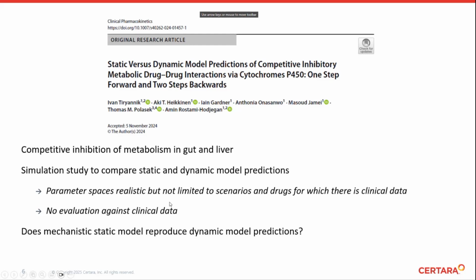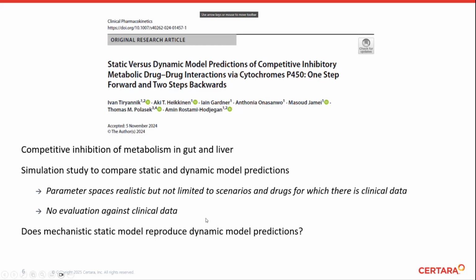With this, we are not bound to scenarios and drugs for which we have clinical data, so we can cover wider, while realistic, parameter spaces for conceivable interaction scenarios. The potential drawback of that approach is that we don't have a direct evaluation against clinical data. So it's a comparison of the static and dynamic model predictions.